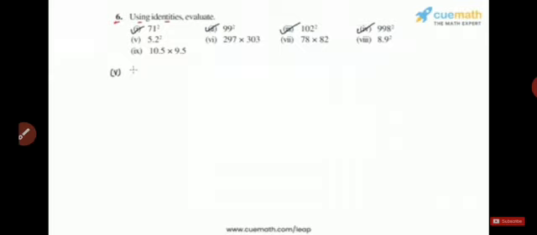Now fifth part is 5.2 square. We can write it as 5 plus 0.2 whole square and apply the algebraical identity a plus b whole square.